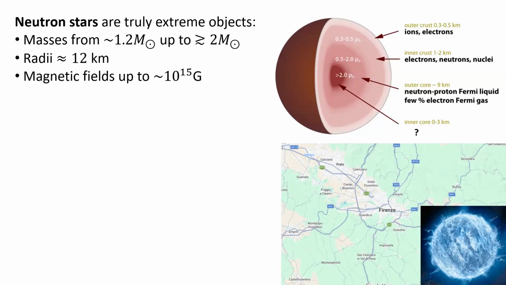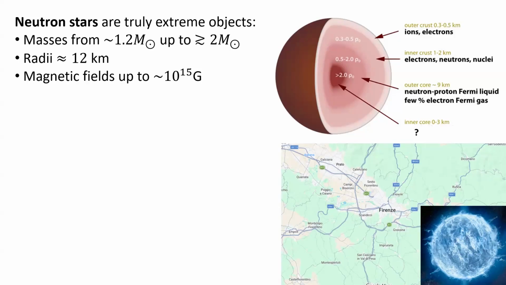The usual repulsion pressure is no longer able to keep the star intact, and if the mass is just right, the end product will not be a black hole, but rather the gravitational collapse will stop just before an event horizon would form. The end result is a star where between 1.2 and even a little bit over 2 solar masses of baryonic matter is squeezed inside a sphere the size of Florence, more or less, a radius of roughly 12 kilometers or so.